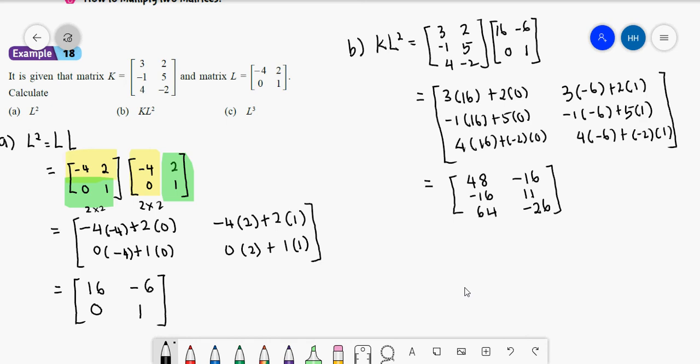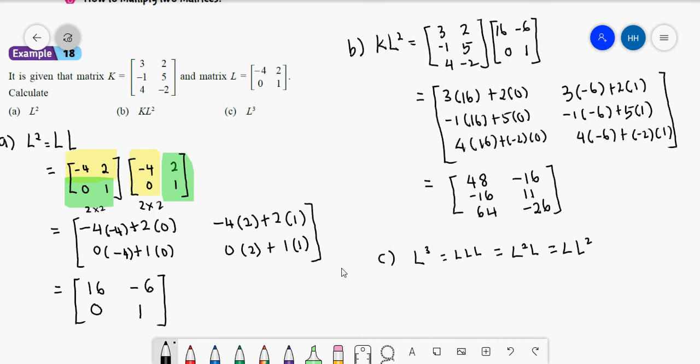Now for question C, you need to calculate L cube. L cube is L times L times L, right? So you can write it as L square L, or you also can write it as L L square. Why?